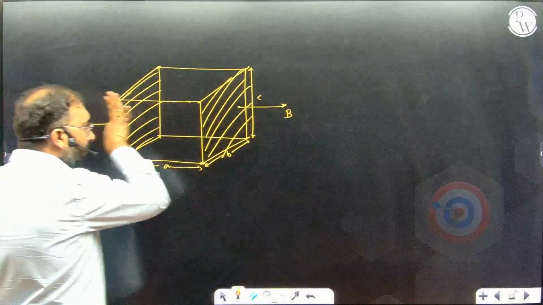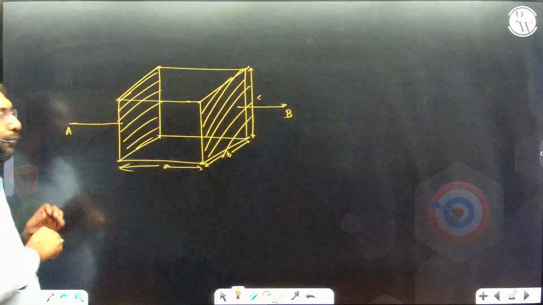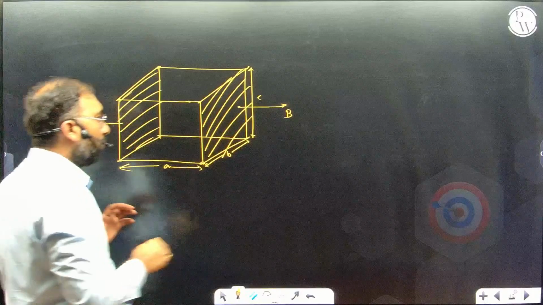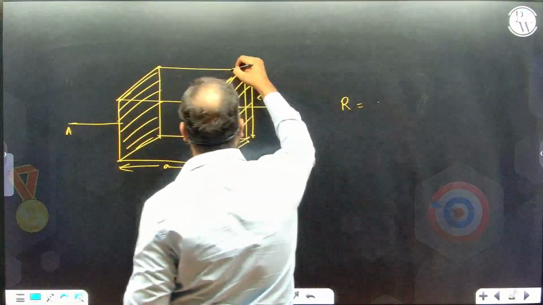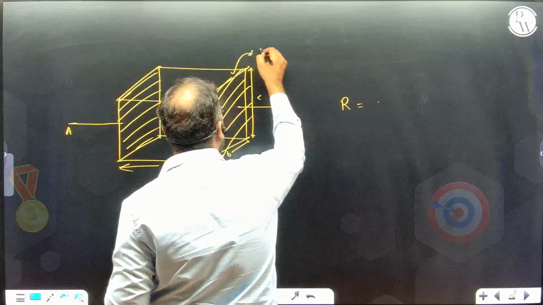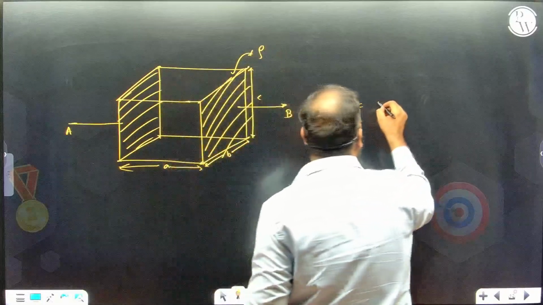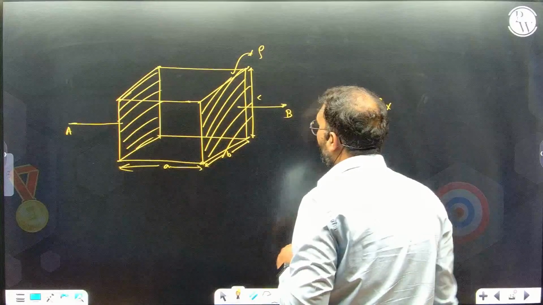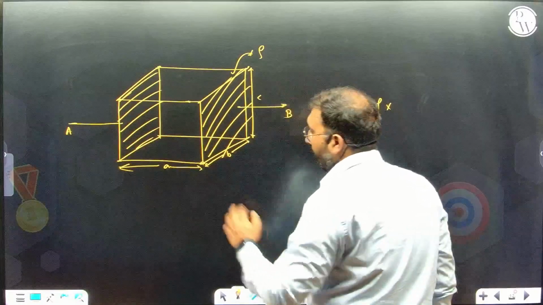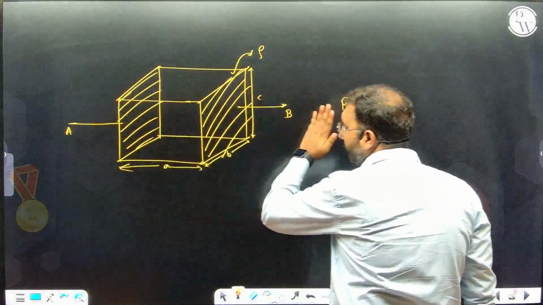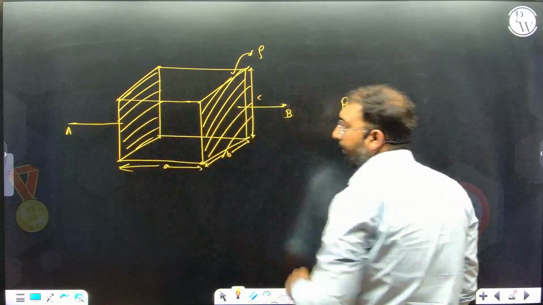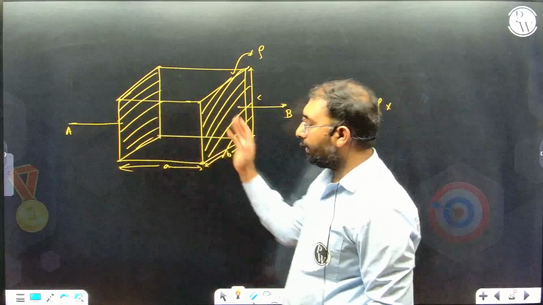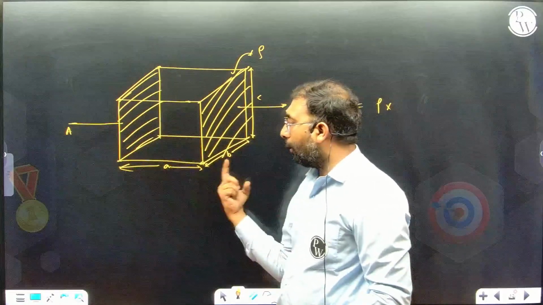So this current is moving like this, and for this you have to find out the resistance. You can see that resistance is equal to rho L by A, and the material has resistivity rho. What length are you going to write down? As the current is moving in this direction, the current has to travel a length of A between these two faces.